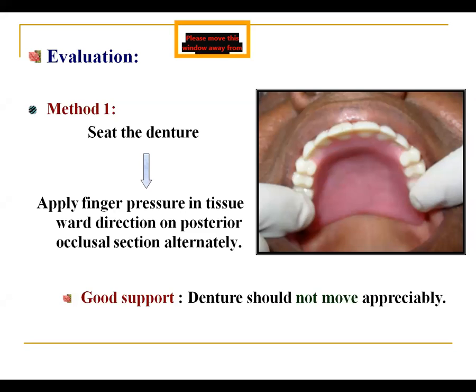Good support means the denture should not move. If there is no movement, then there is good support. If there is movement, your denture base is rocking and there is less support from your foundation area. This is one method to check the support.